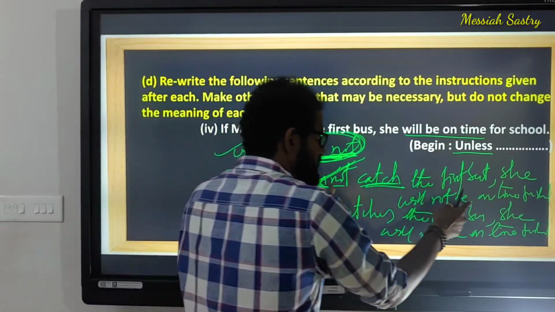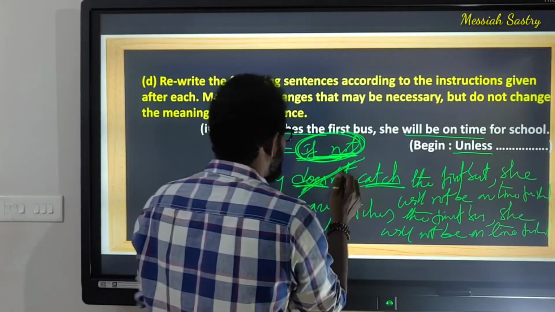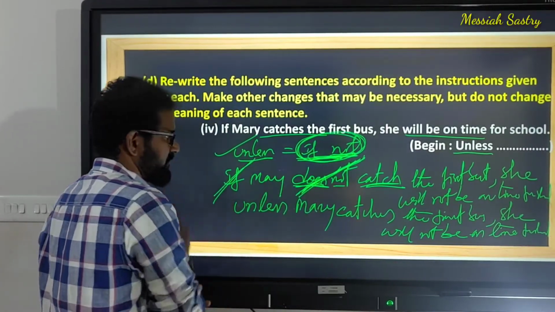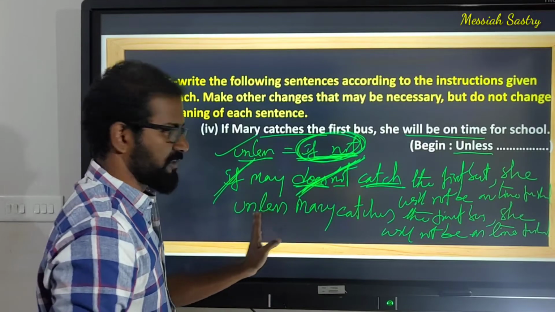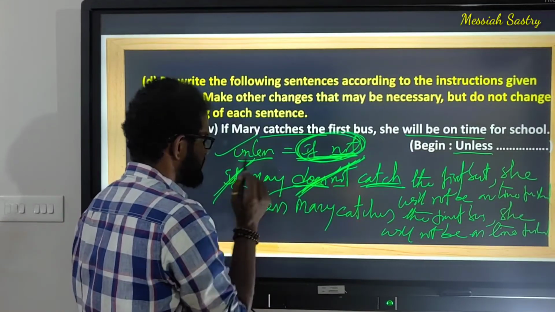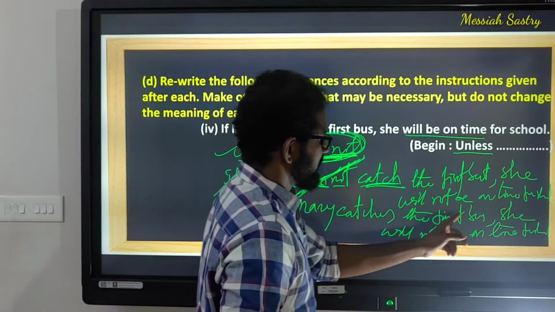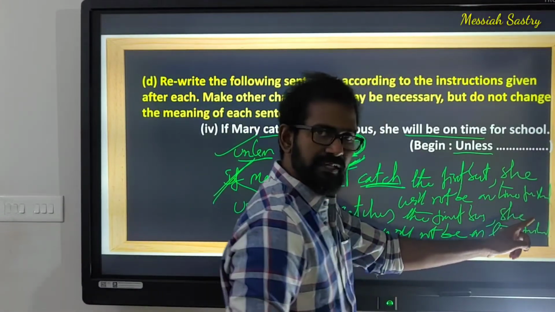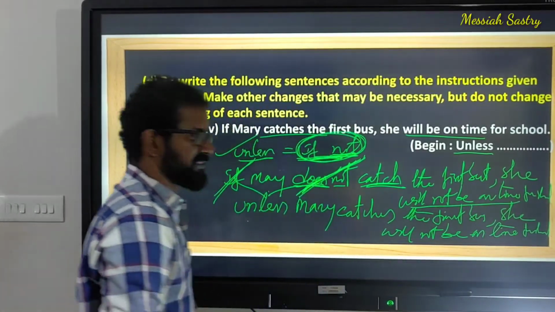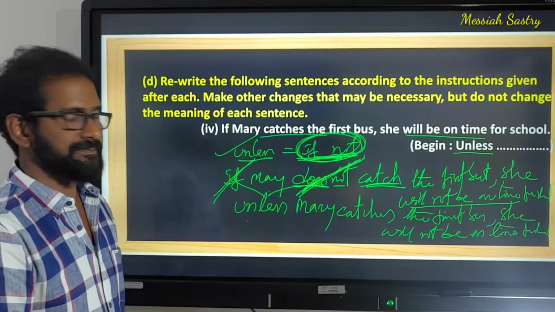Here does not catch will not be. So what must be done? Unless is equal to if not. Remove "if not" and "does not", and in the place of those two, use unless. Unless Mary catches the first bus, she will not be on time for school.